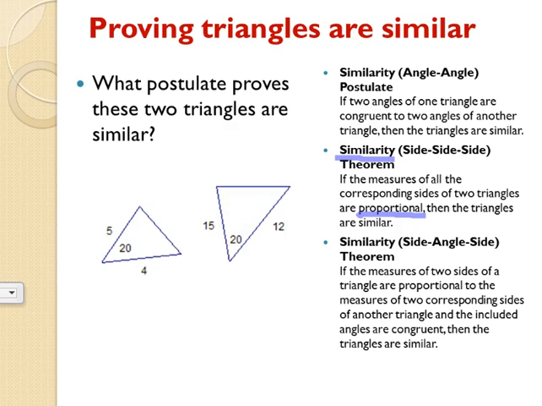And then last but not least, we've got the side-angle-side for similarity. So if the measure of 2 sides are proportional to the 2 corresponding sides of another triangle and the included angles are congruent, then the triangles are similar. So here the big difference is that we're using proportional instead of congruent.